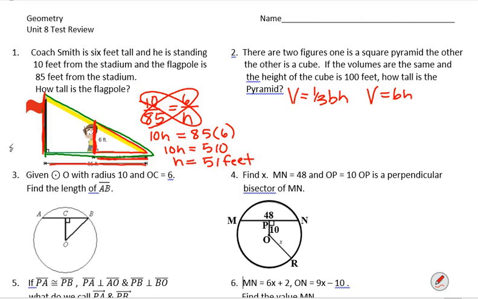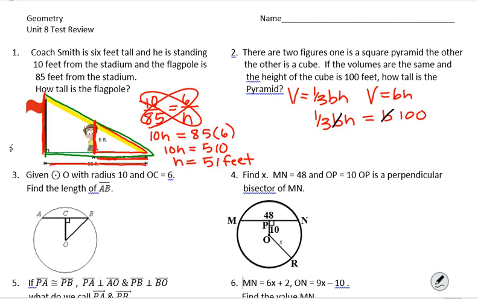So I'm going to go 1/3, the volumes are the same, so 1/3 base times height is equal to the base times 100. Well, notice here we got b's on both sides, so that means those can actually cancel each other out, because if we divide one by the other, we would get the same thing.